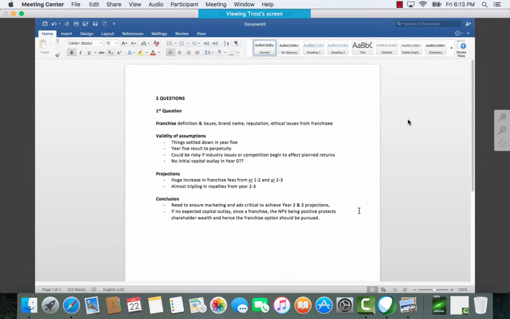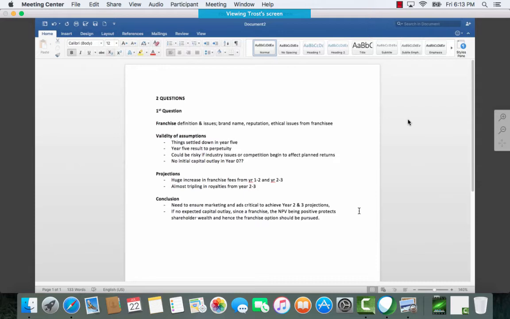Of course, that could be risky if we begin to face competition within the industry or there are industry issues that begin to affect planned return. So that could put the planned revenue or income or cash flow from year 5 onwards at risk. I also noticed that there were really no capital outlays in year 0. Maybe because it's a franchise, but we need to also check that.